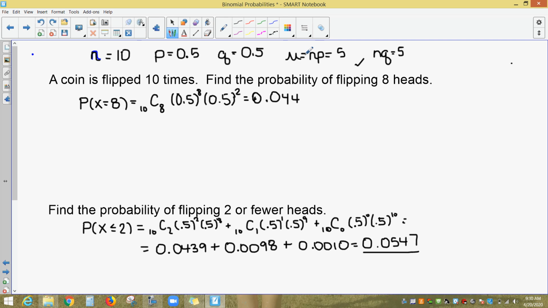Now, n times p is also just mu, so I have that part already computed. And if I take 10 times 0.5 times 0.5 and take the square root, we get something at 1.58.